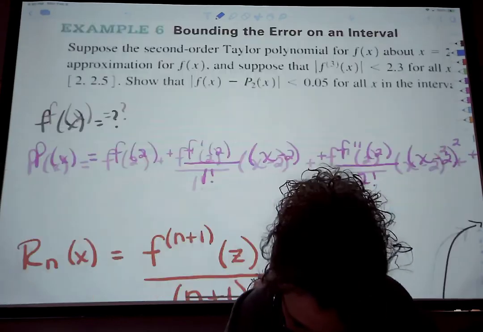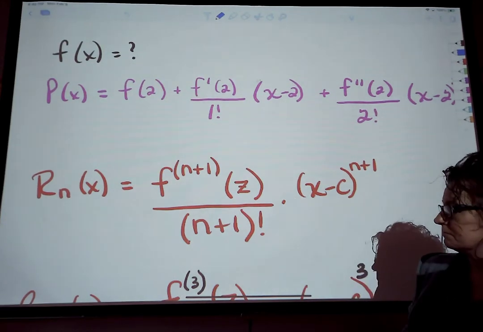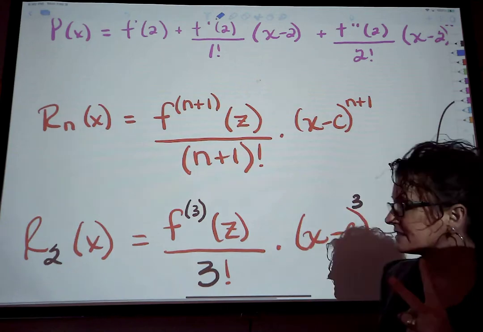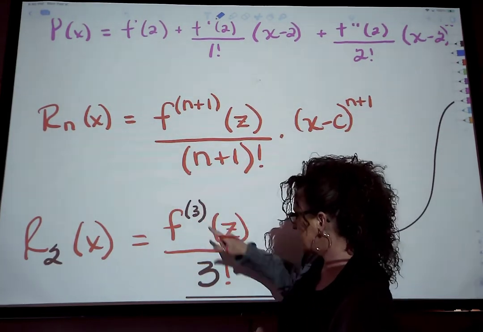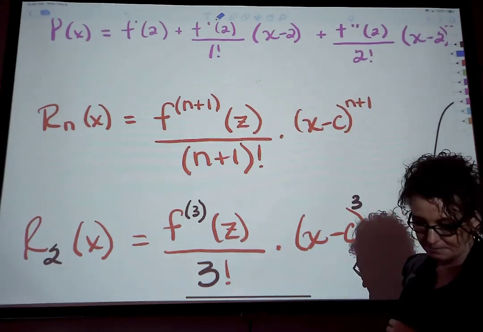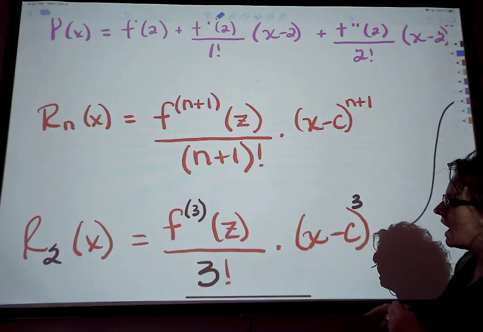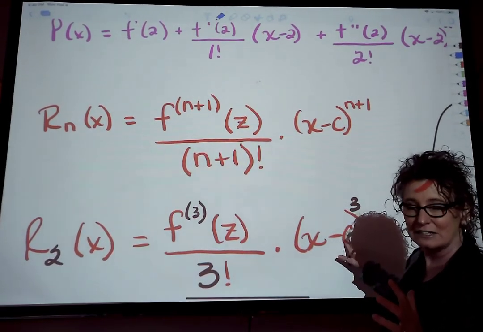So here we go. I've written it out. You should be pretty familiar with it. I'm using a second order polynomial. So this is a 3, this is a 3, this is a 3. I think you all know what C is going to be. That's the easiest one to know. C is going to be 2.